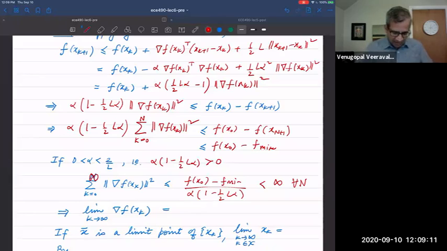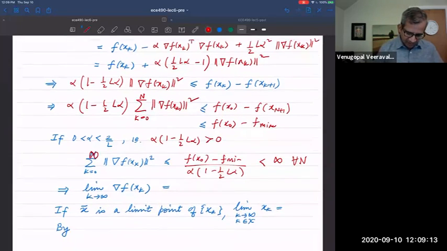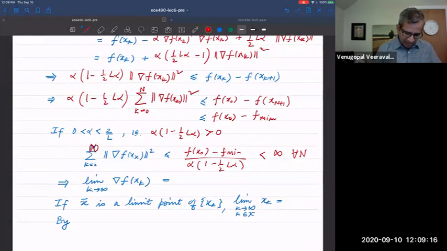So that means that the limit of the norm of the gradient going to 0 is the same as saying that the gradient goes to 0 in the limit. Okay. All right, so that sequence grad f(xk) is going to 0.